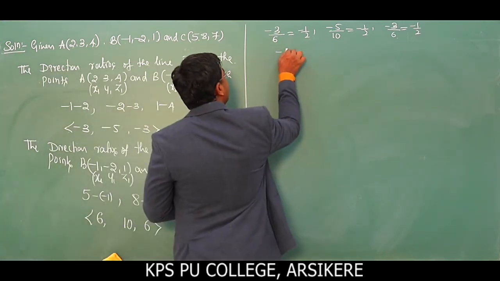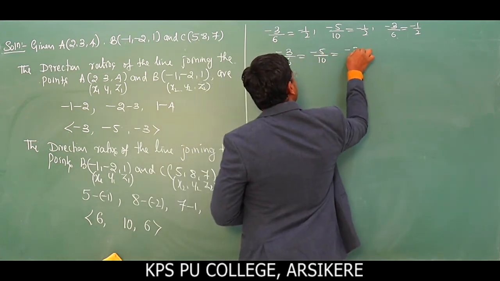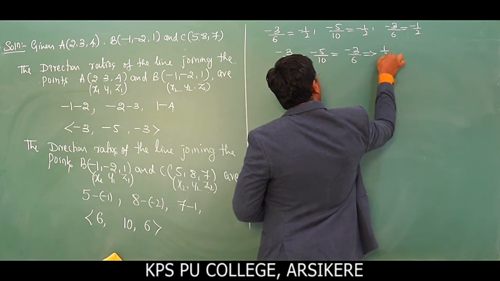You can write this as -3 divided by 6 is equal to -5 divided by 10 is equal to -3 divided by 6, which is -1 by 2.